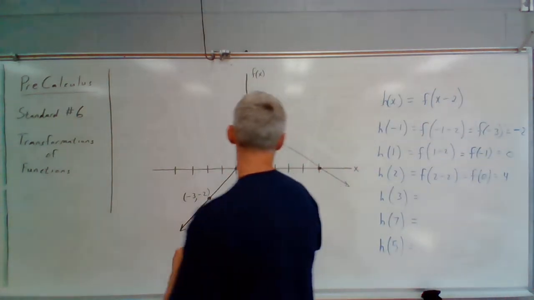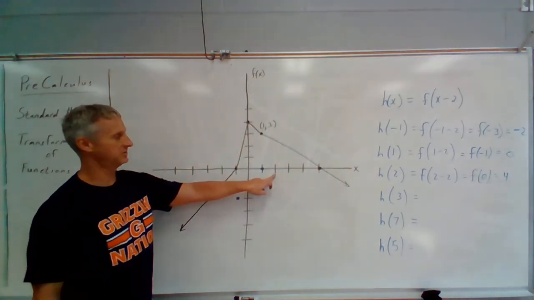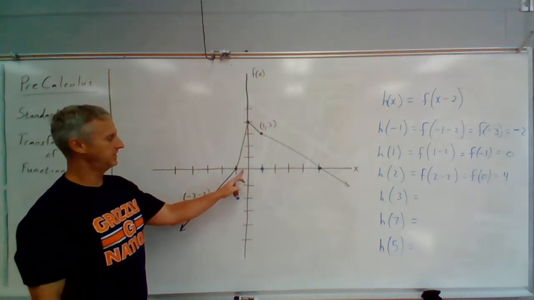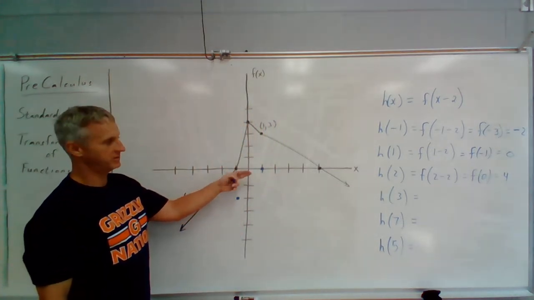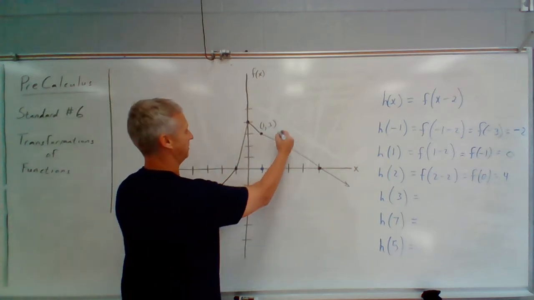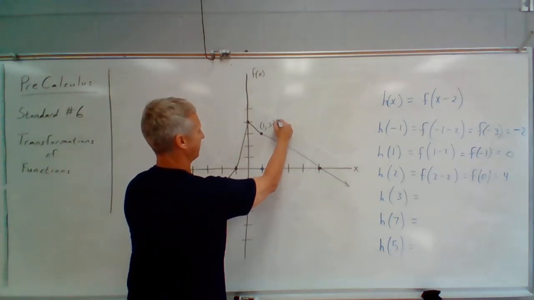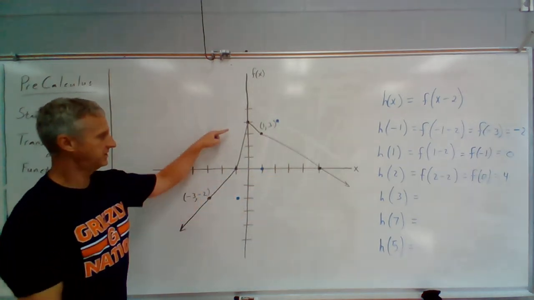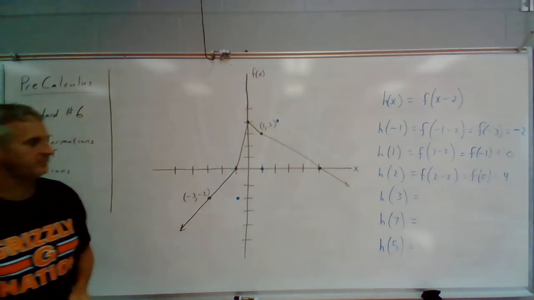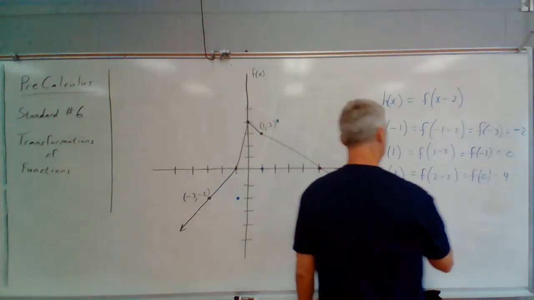Okay, so plugging a 2 into the new function is the same thing as plugging a 0 into the old function. If I plug a 0 into the old function, I get a 4. So if I plug a 2 into the new function, I'll get a 4. So this point got shifted right 2 spaces. Let's do h of 3.